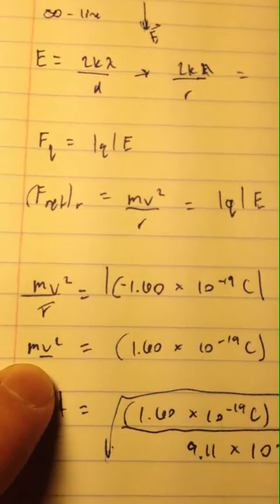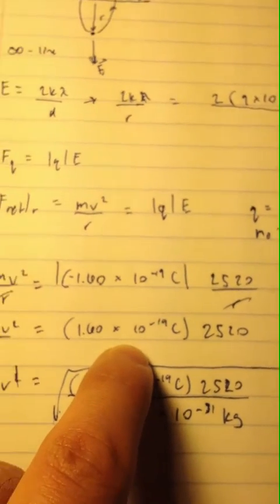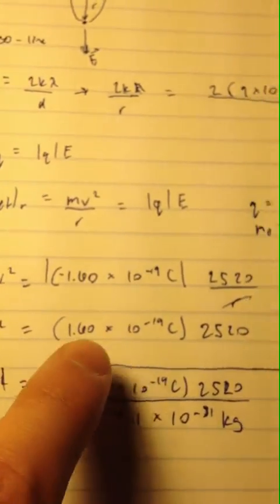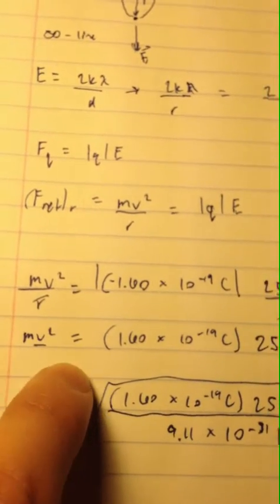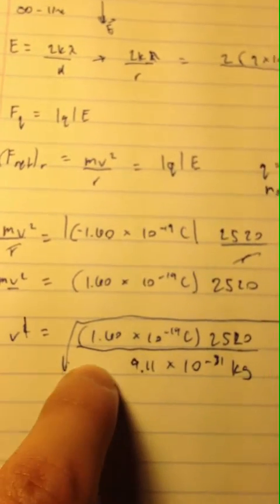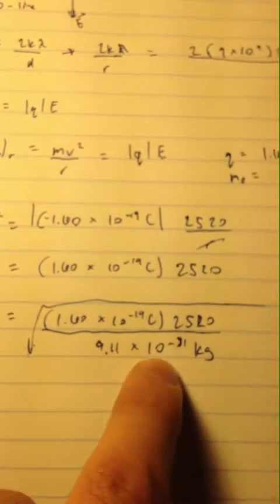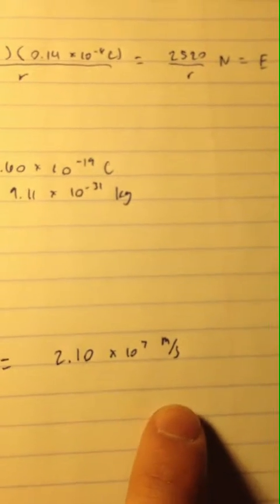So now we deal with m times v squared is equal to q times E, or what's left of it. Now what we're trying to do is solve for v. So we will divide by the mass of the electron and take the square root to find the velocity, thus having this equation. Once we plug it through a calculator, we can see that the velocity of the electron is 2.10 times 10 to the 7 meters per second.